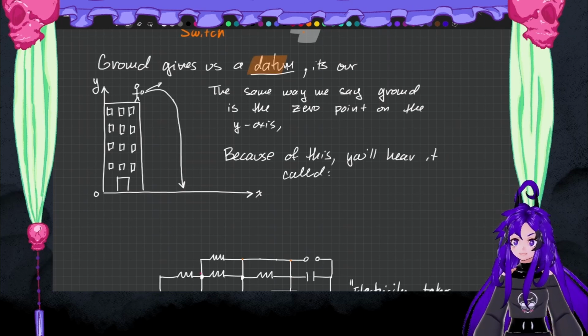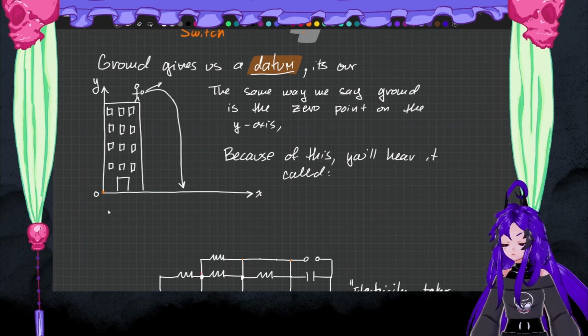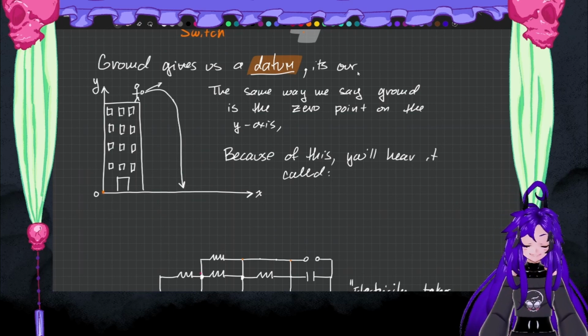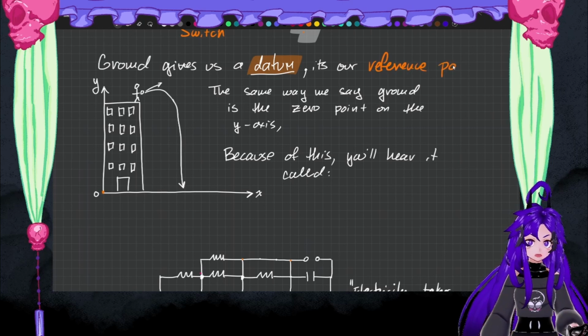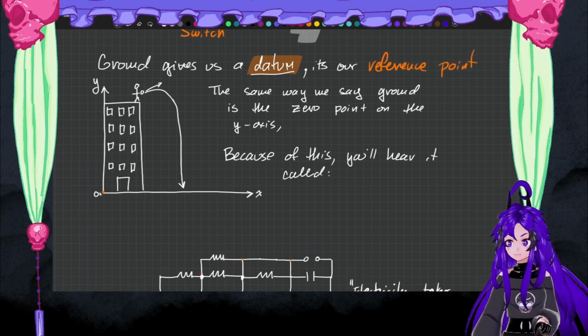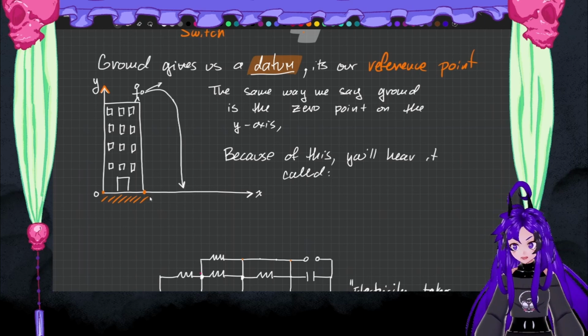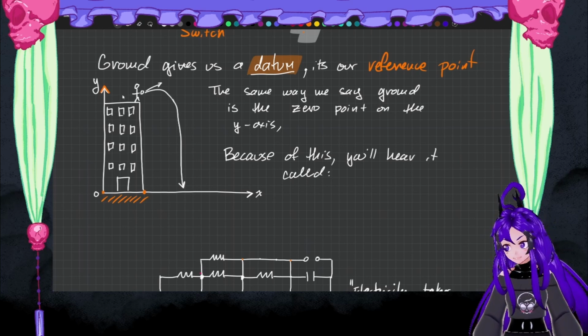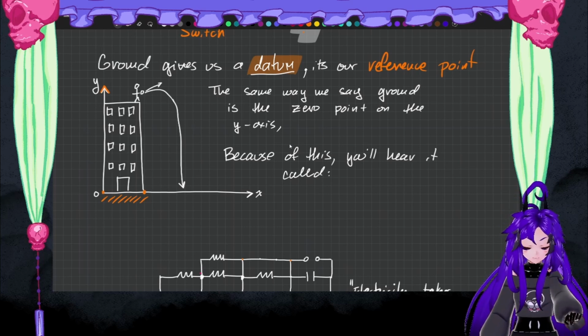Ground gives us a datum, and that word may or may not be familiar, but all it means is that it gives us a reference point. It's like saying 0 is the actual physical Earth on the y-axis. So 0 on y means you are at ground level. Same thing, except instead of height, we measure voltage in general.